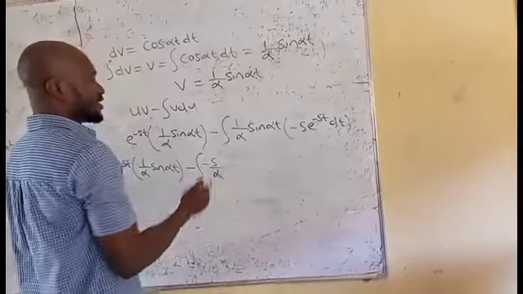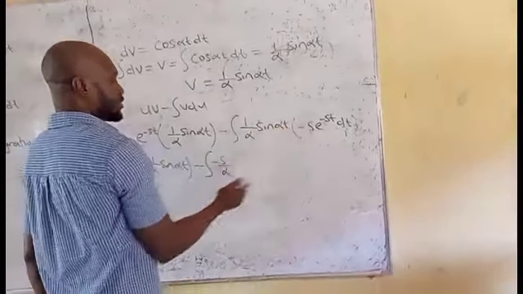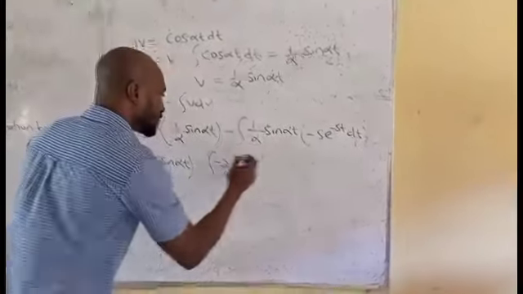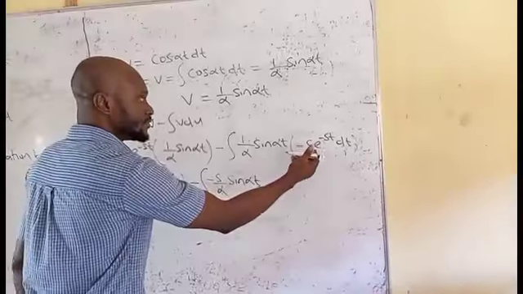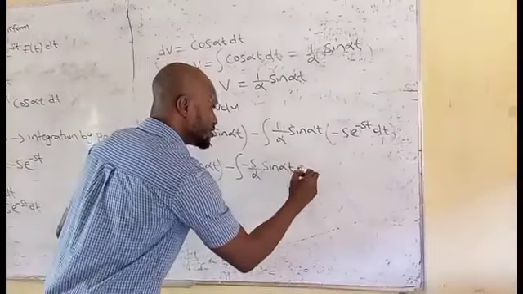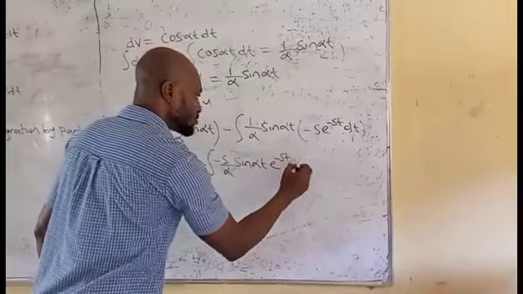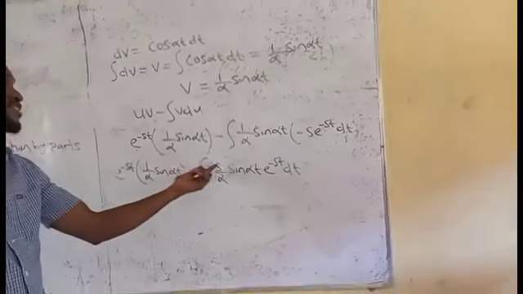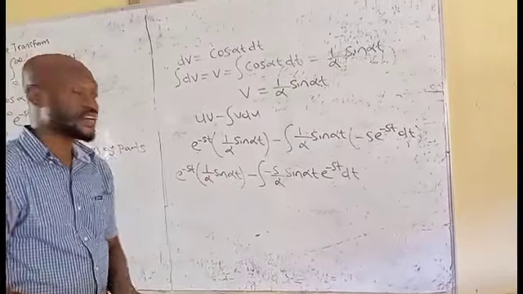How do I get this minus s over alpha? This is 1. 1 times minus s will give you minus s over this alpha. Then you have your sine alpha t. Then you have your exponential minus st times dt. You understand? Times dt. So minus s over alpha is constant. So you will bring it out from the integration sign.